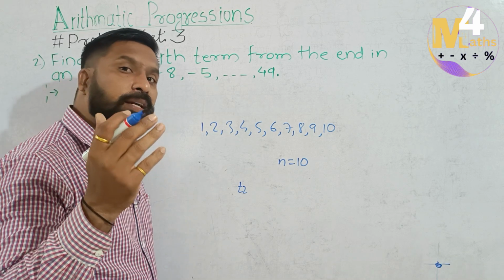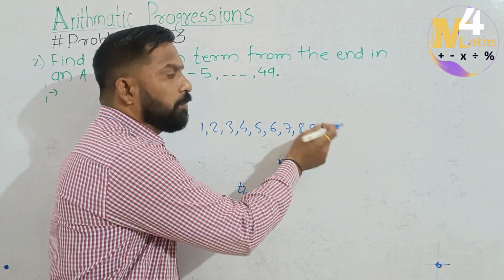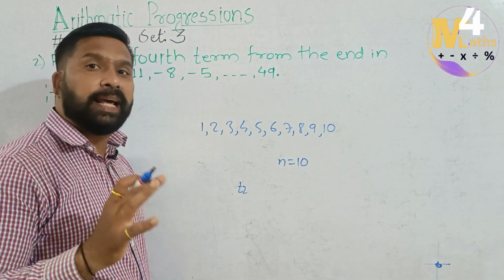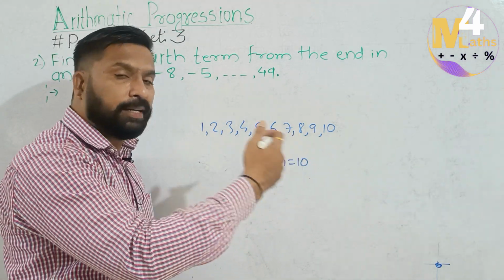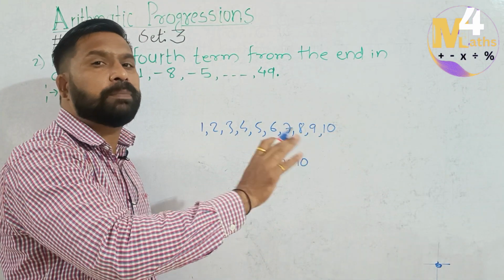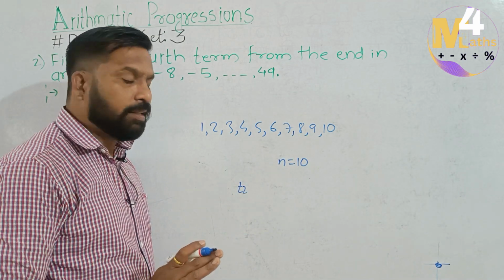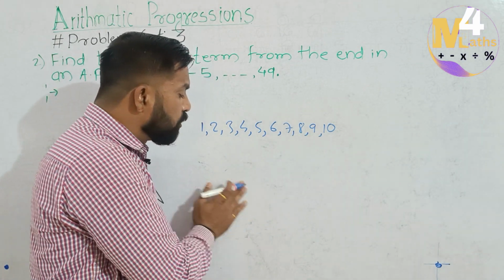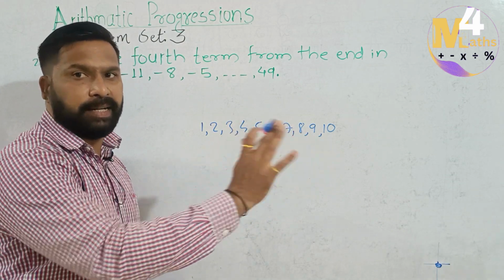If I want to find the third term, then I have to subtract 2 terms. If I want to find the 10th term from the right end, then I have to subtract 9 terms from the total terms. Understand what I am saying? So suppose they are asking you to find the fourth term from the right end.